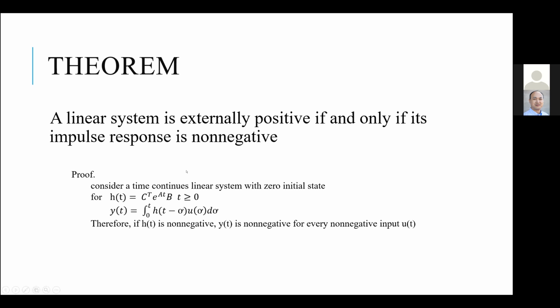You all know that, so I don't need to talk about that. So if H is non-negative, then y is non-negative for every non-negative input. This is an additional theorem.